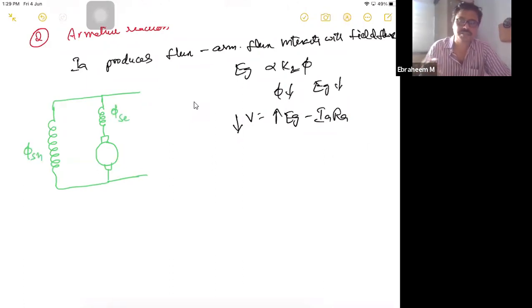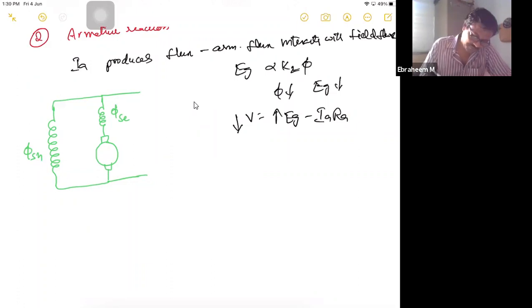Both the series field and shunt field will be on the field poles only. Some part of the winding is in series with the armature, some part is in parallel with the combination of series and the armature.